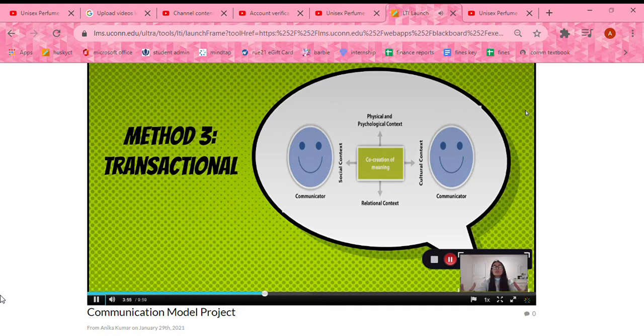When we bring those differing ideas and contexts together and we build off of them, we come to this co-creation of meaning, and we therefore build upon what we know together. And that is what defines the transactional method compared to the other two.